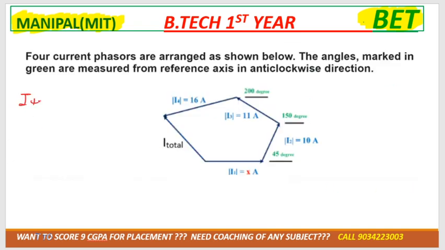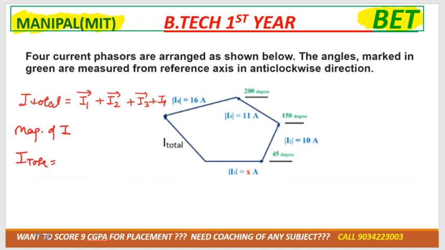In this case, we need to calculate total current. So I total would be I1, that is the vector addition basically, plus I2 plus I3 plus I4. Right? So magnitude of the total current is how much? That I total is equal to root of I1 square plus I2 square plus I3 square plus I4 square.